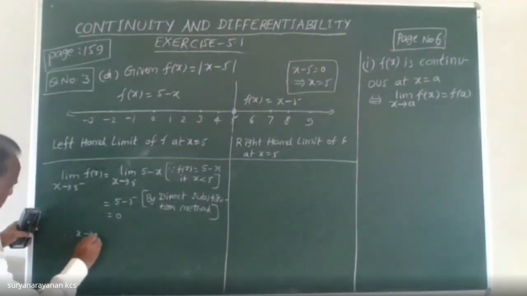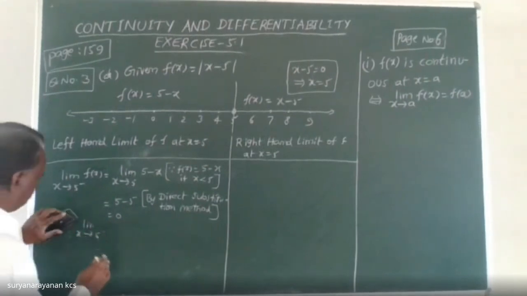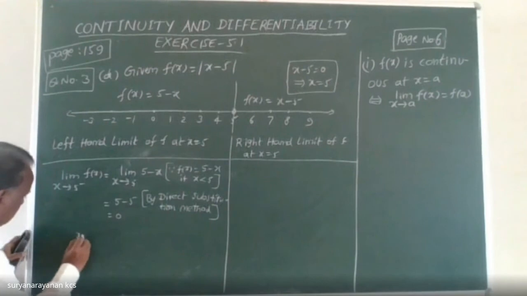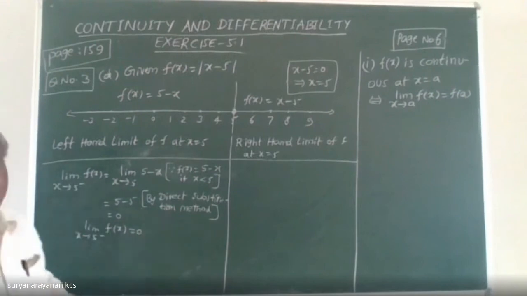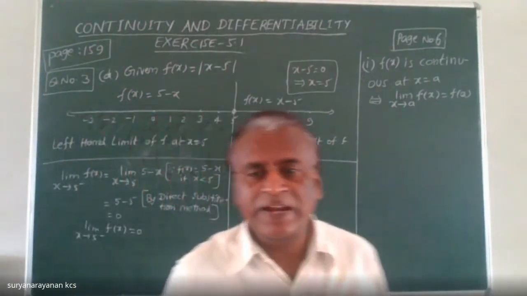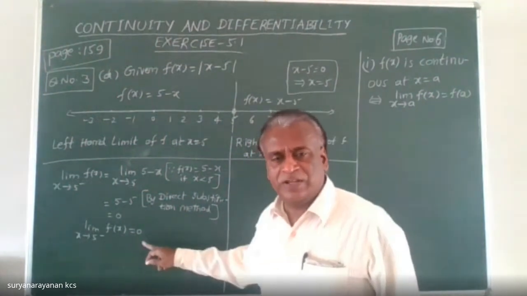Therefore, as x tends to 5 minus, limit f of x, the left hand limit of this function at x equal to 5, is 0.